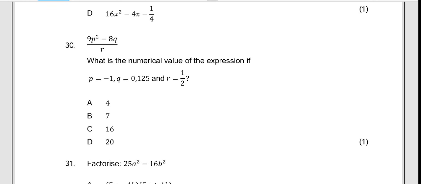So where there is p, I'll put -1. Where there is q, I will put 0.125, divided by r. Where there is r, I'll put 1/2. It's going to be 9 minus 0.